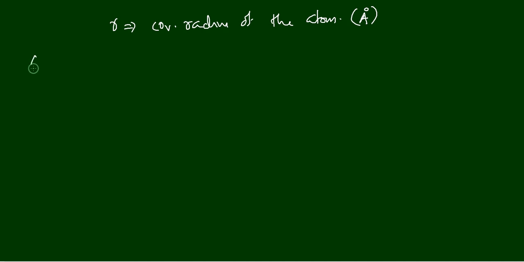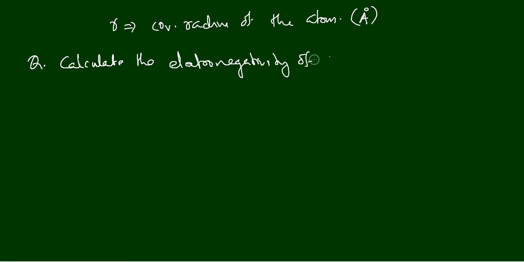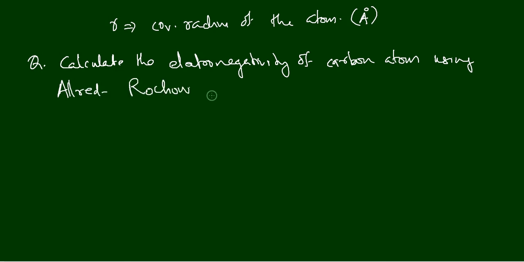So the problem is that calculate the electronegativity of carbon atom using Allred-Rochow method.